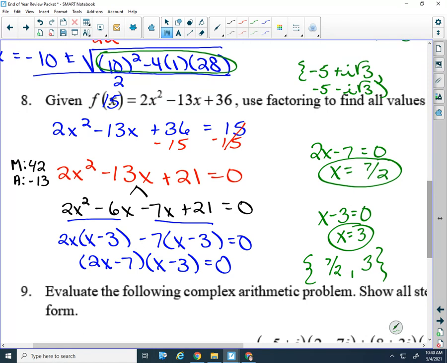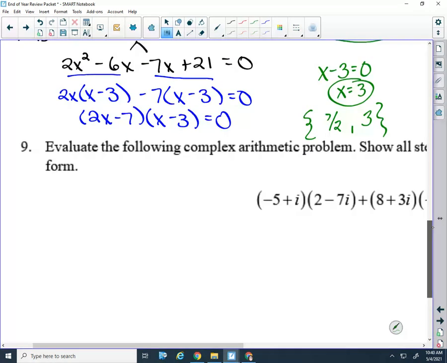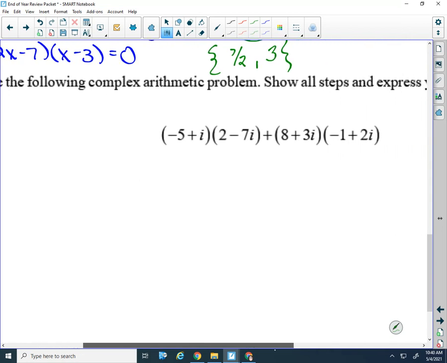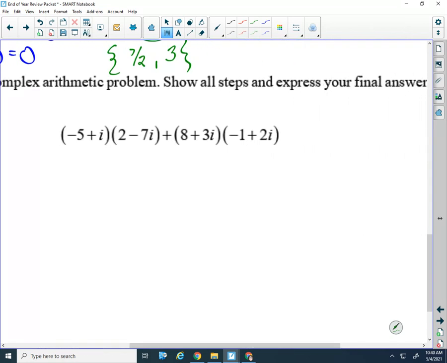The last problem on this page says evaluate the complex arithmetic problem. Show all steps and express your answer in simplest a plus bi form. So when you're doing arithmetic with imaginary numbers, there's a couple things you need to keep in mind. One, imagine the i's act like a variable when you're working with them.